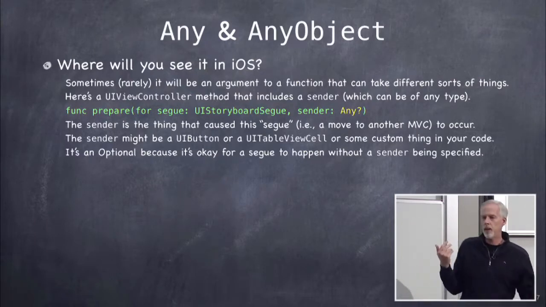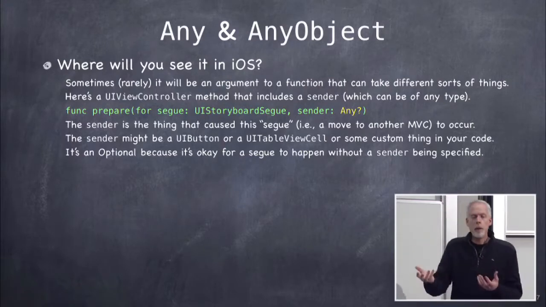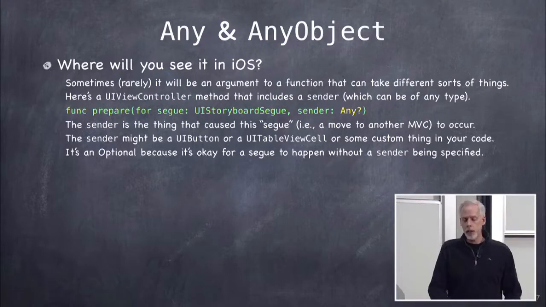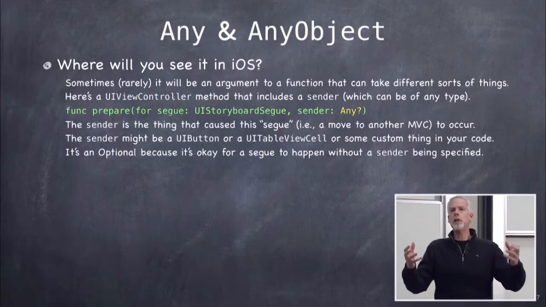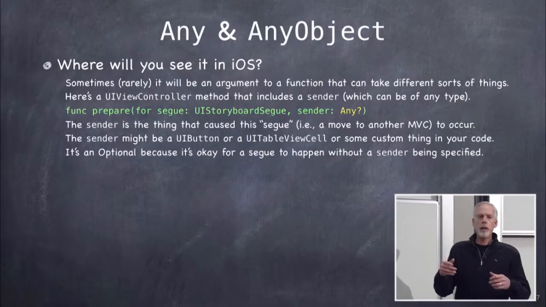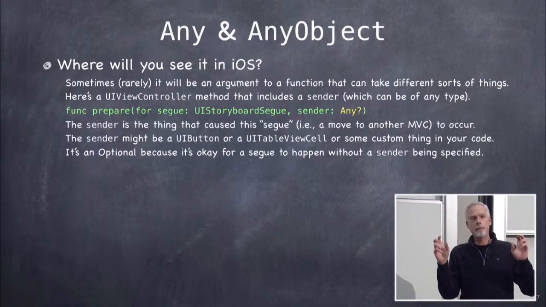Just like we had sender in the IBAction. So the sender is the one who's causing this segue to happen. Well, a button could be causing a segue to happen. A line in a table view could be causing it. Some custom piece of code of yours could be causing this MVC to segue. So when you're preparing for it, you've got to be able to say which one it was, and that's just Any. Okay?